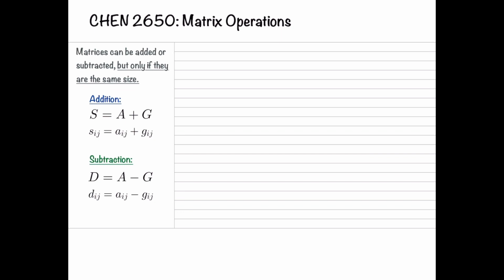So if we look at the addition operation, we're simply summing the corresponding positions in A and G to make S. And similarly, for the subtraction, we're subtracting the value of G at a particular ij from the corresponding A value to get D.